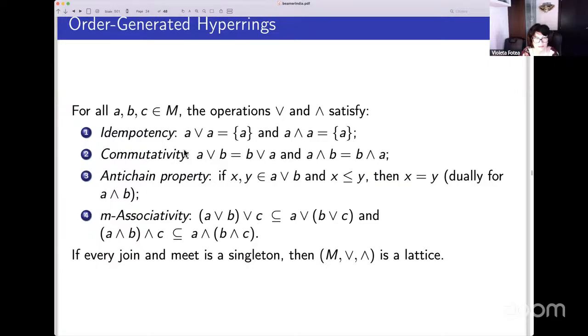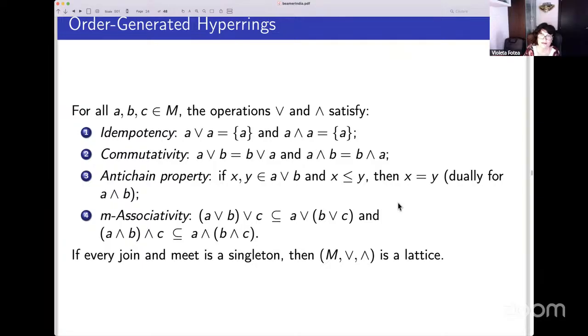So we have idempotency, commutativity, and the anti-chain property. What does it mean? It means that if X and Y are upper bounds of A and B, and we have the order X smaller than Y, then they must be equal.